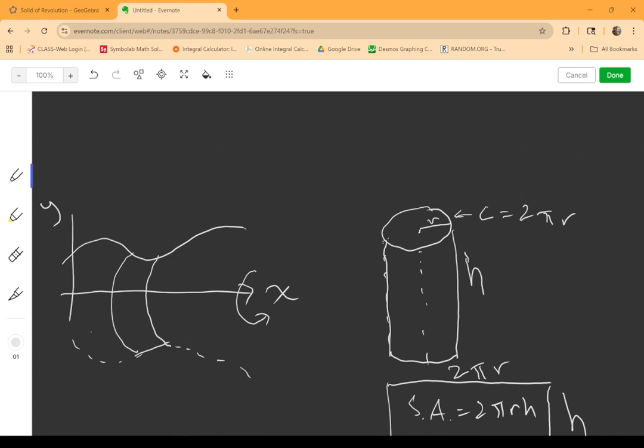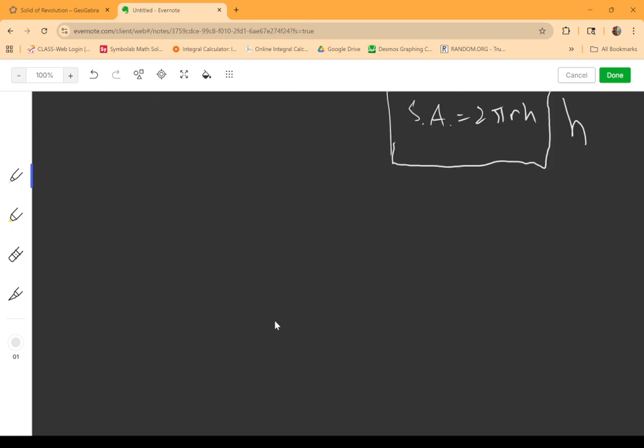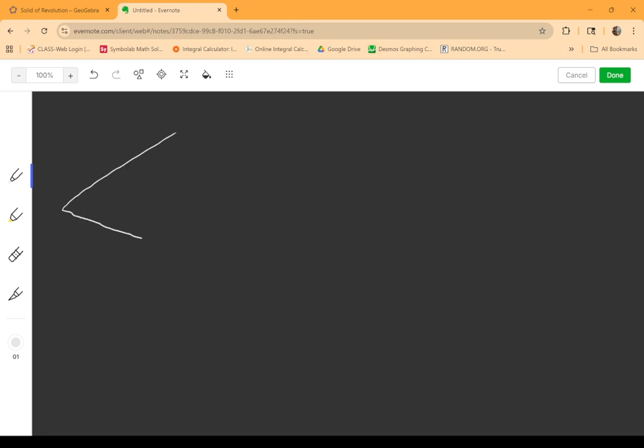Now, how would I find the surface area of something like that? Well, let's first take a look at what if I did have some cone shape.